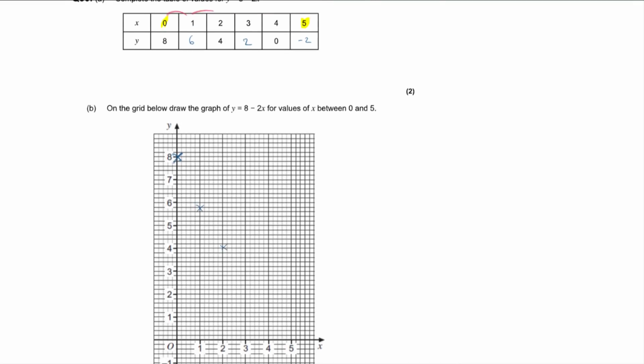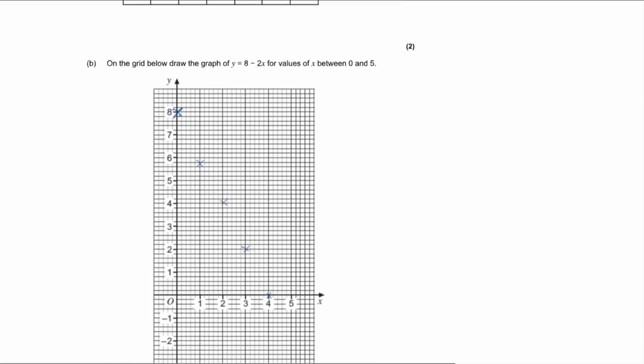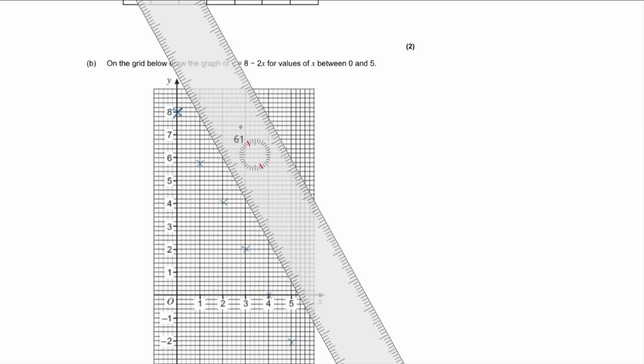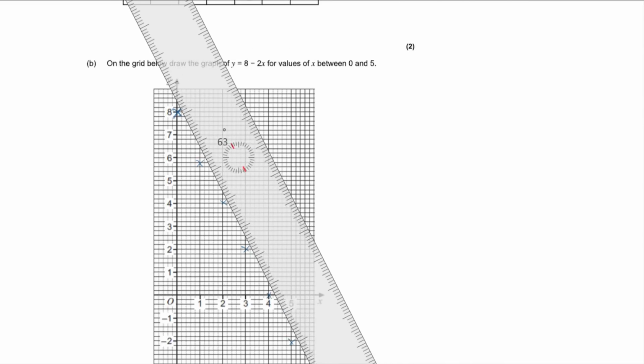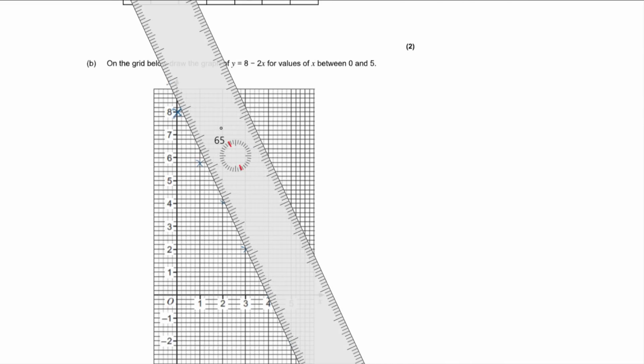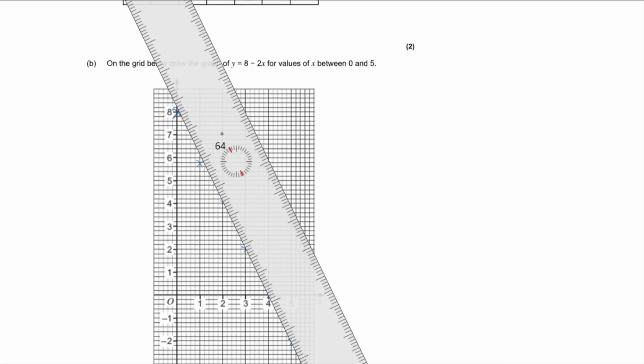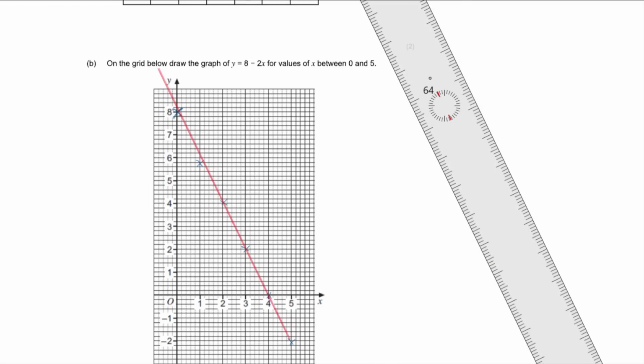And then I've got 3, 2. And then I've got 4, 0. And then finally 5, -2 is down here. Okay, and again with my ruler I'm just going to join that all up with a nice straight line through each of those points. Okay, job done.